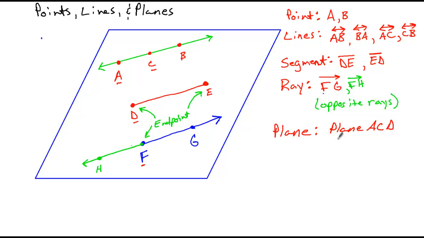Another way to write plane, instead of writing the word plane, is to draw a plane symbol, which is just a parallelogram. Draw your little parallelogram, and you can use the exact same letters. There's a third way to write a plane, and you'll see it a lot.